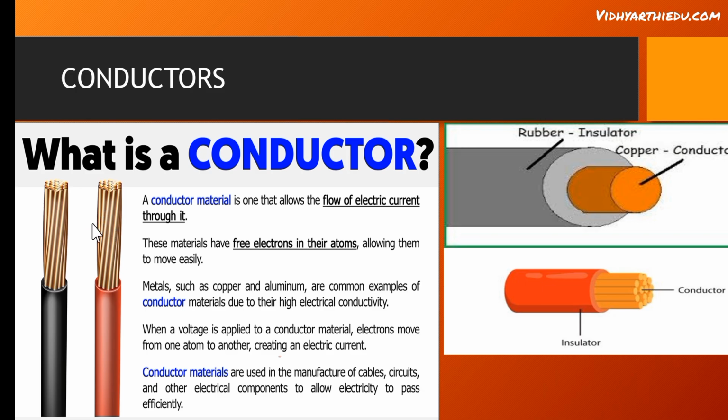These are the insulation materials over the conductor to avoid shock. On the right side also, the conductors are copper conductor and aluminum conductor. All these are insulated by an insulating medium, such as rubber or paper, covering the conductors to avoid electrical shock.